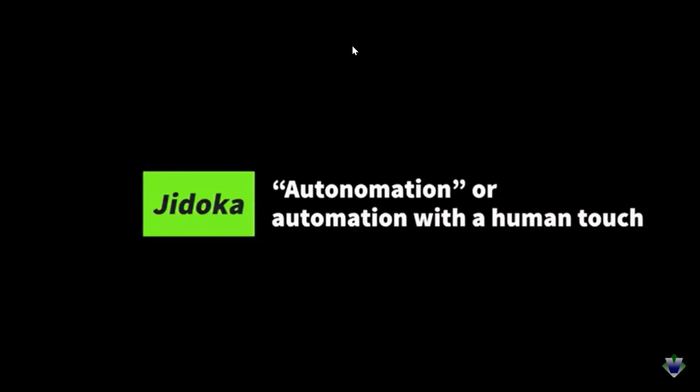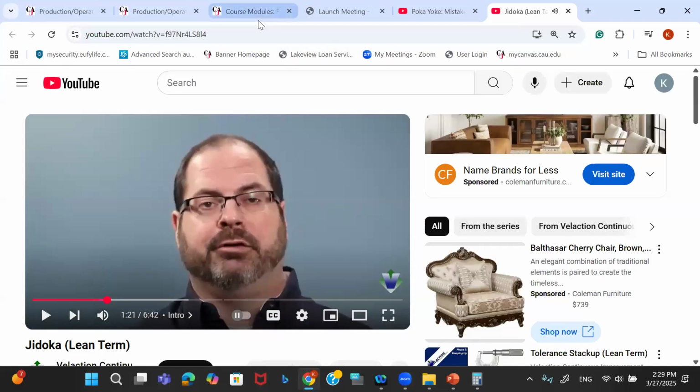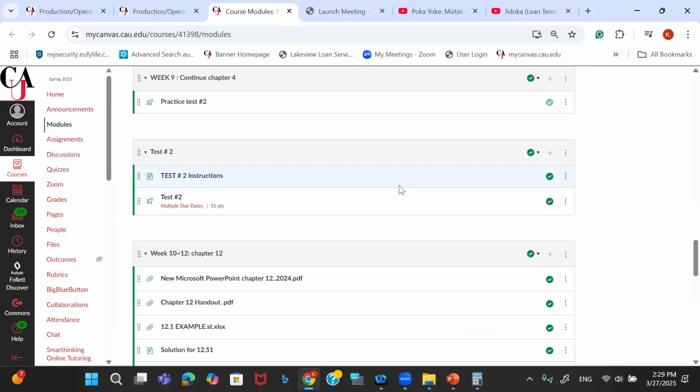So sometimes, like some cars, I'm giving another example of Jidoka.